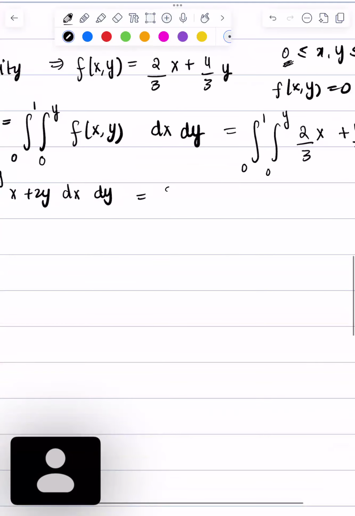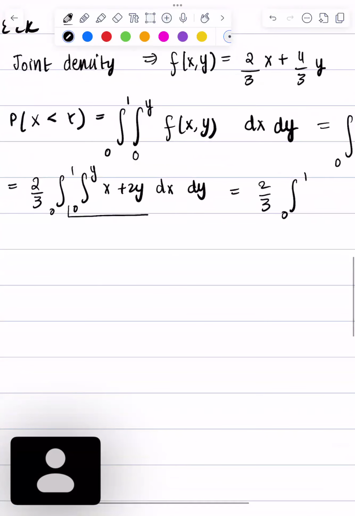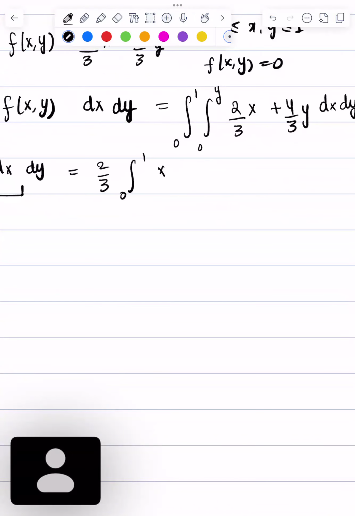So we still have this integration bound, but we just solve this part of the integration, which turns out to be this. And we plug in the values of 0 to y.